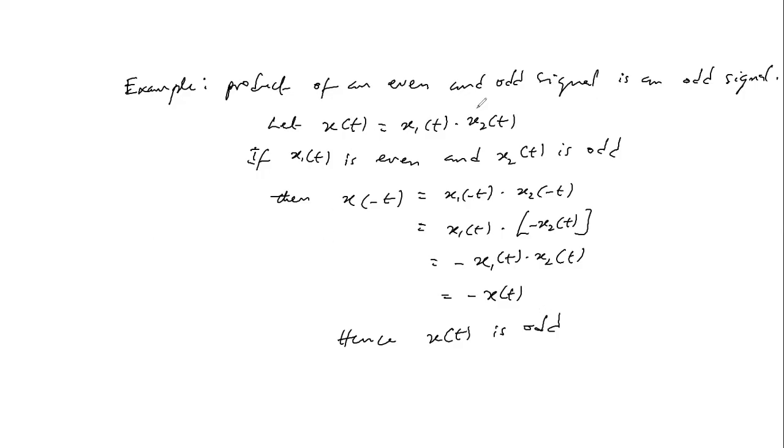So I think it is worthy of note to establish at this point that in practice, signals are usually expressed as a combination of the even and odd components, such that S of t can be represented as S even of t plus S odd of t.